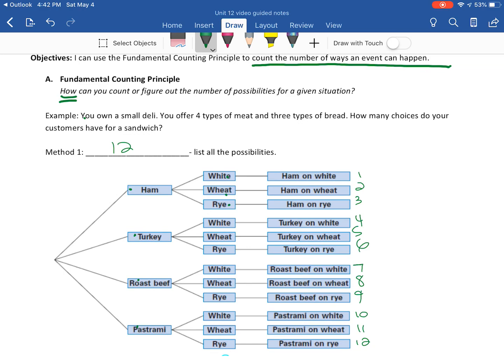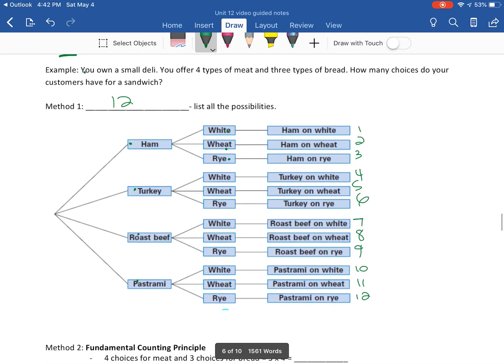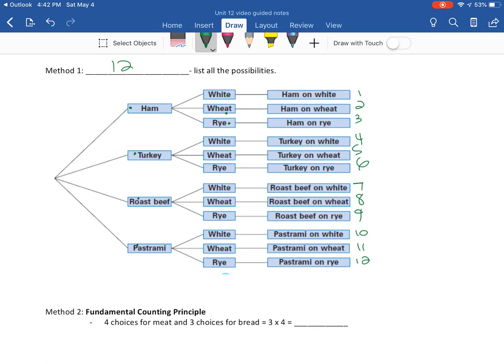However, the more options we have, the longer it would take for us to list all of our possibilities. So say we had 5 types of meat and 6 types of bread, and we added cheese into the mix. It would take us a lot longer to list out all of these combinations. So we will need a shortcut, and that is where our fundamental counting principle comes in.